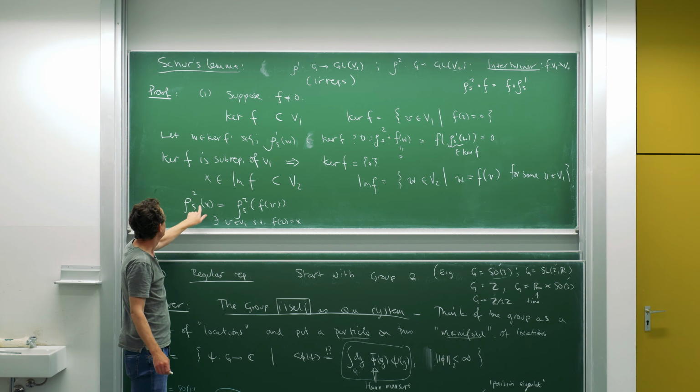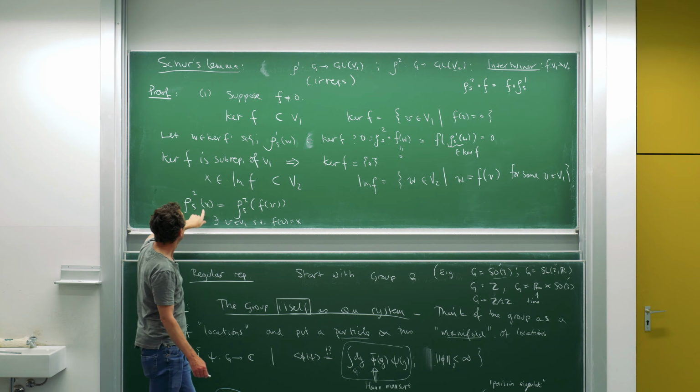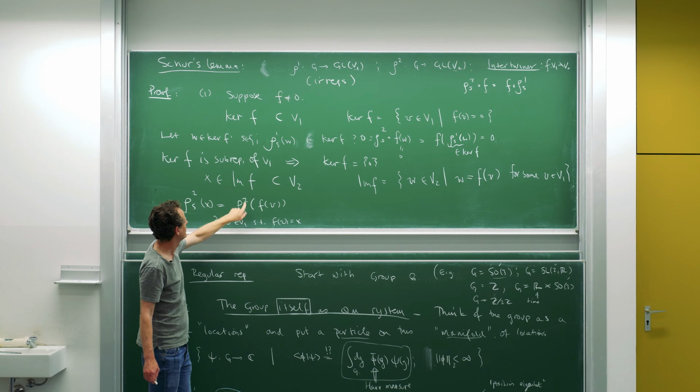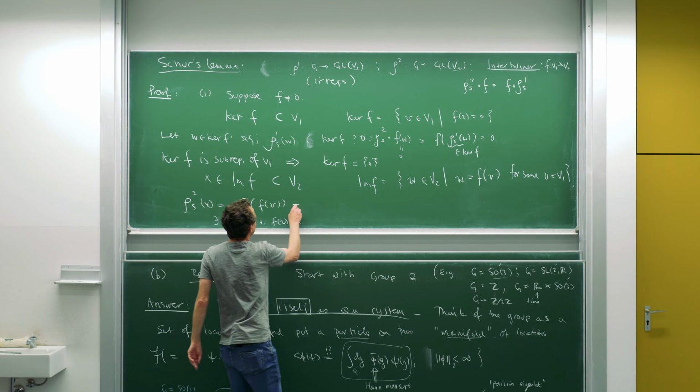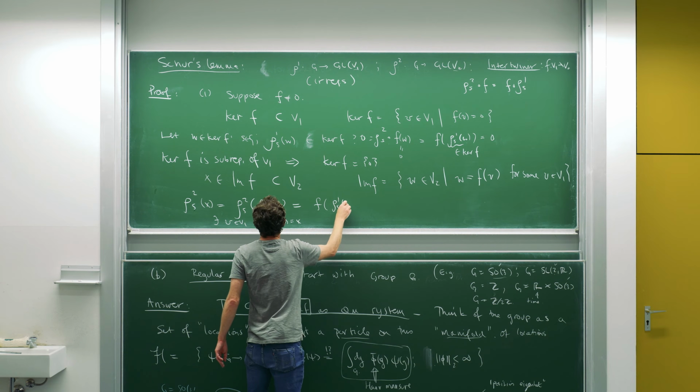So we know that rho of s acting on the vector space V2, and in particular on this element x in the image of f, is the same as rho_2(s) of f, but that's the same by assumption as f of rho_1(s) acting on v.